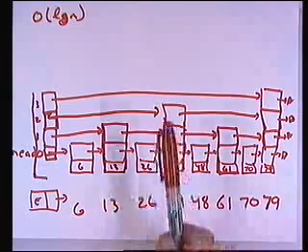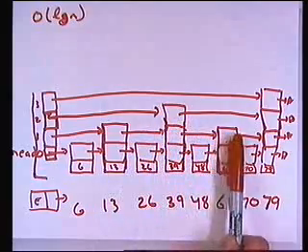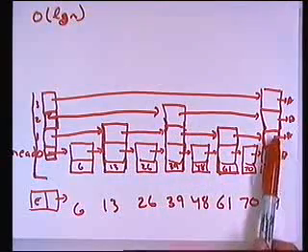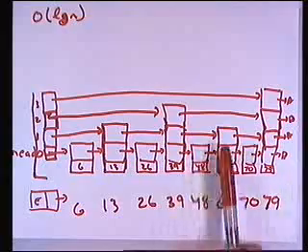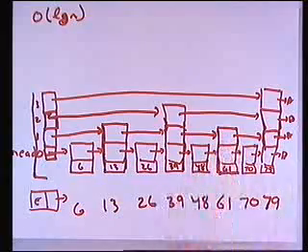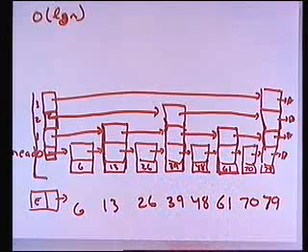So I know that when I drop from level 2 to level 1, I might have an extra node to look at, but then the next node I might look at will be greater than what I'm looking for, and I won't go there. So then the worst that'll happen, I'll either drop on node 61, or I wouldn't have even jumped to node 61 in the first place, and I would drop another level on node 39.